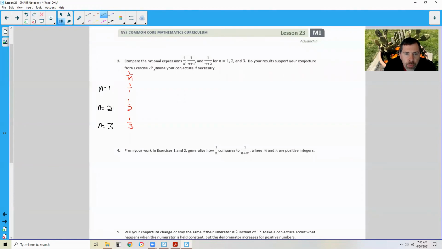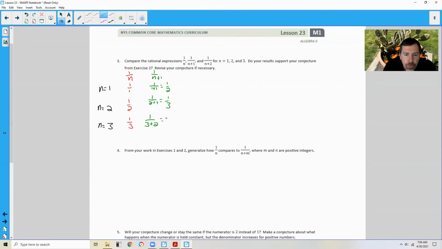So then if I do 1 over n plus 1, well, that's going to be 1 over 1 plus 1, which equals 1 over 2. This is going to be 1 over n plus 1, which equals 1 over 3. And this is going to be 1 over n plus 2.